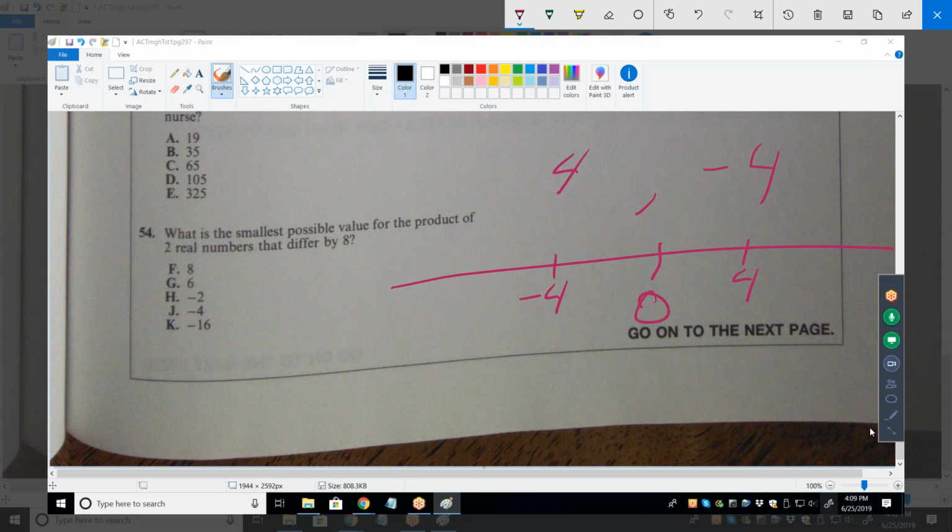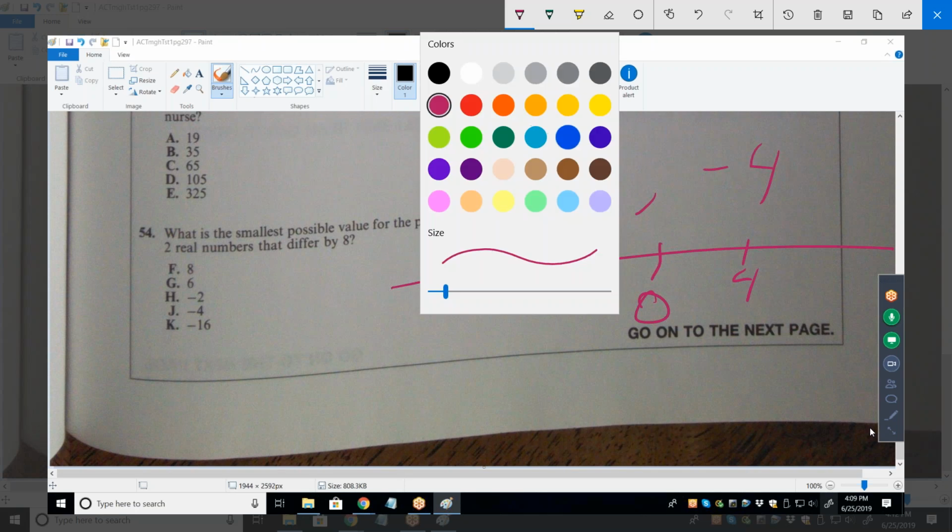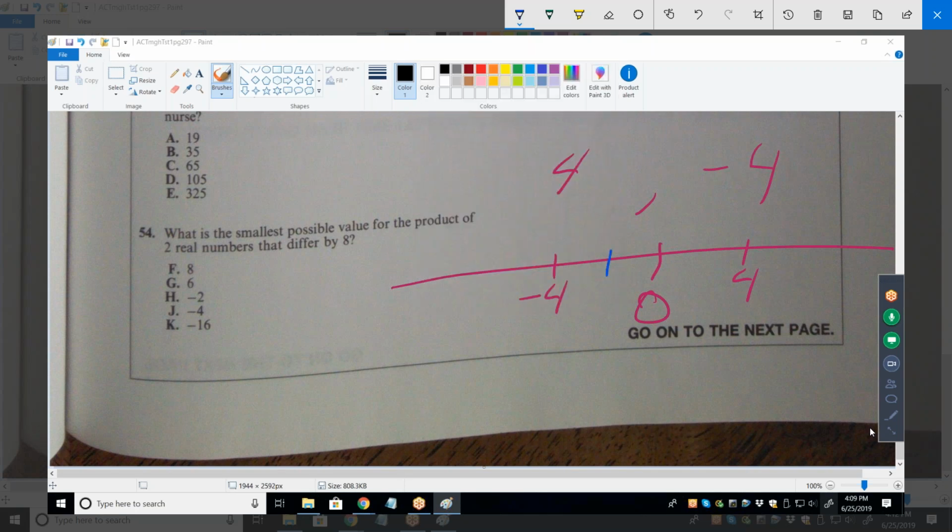Let's see what happens if I move it to the right and use minus 2 and 6. Well, those differ by 8, but it gives us minus 12. So we're not making it go smaller. And if I were to go the other direction, using minus 6, that would force me to use 2, again minus 12. So getting away from perfect balance around the 0 point is making our number get bigger.